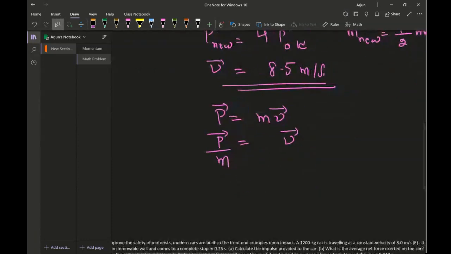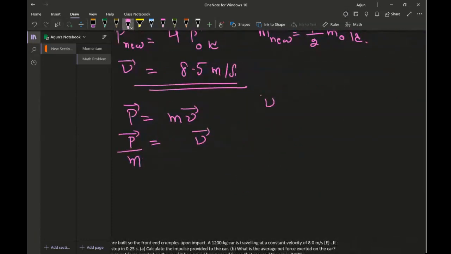What does this tell me? It tells me that velocity is directly proportional to momentum because momentum is on top, and velocity is inversely proportional to mass. So if the mass goes down, velocity will go up. If the momentum goes up, then the velocity will go up too.